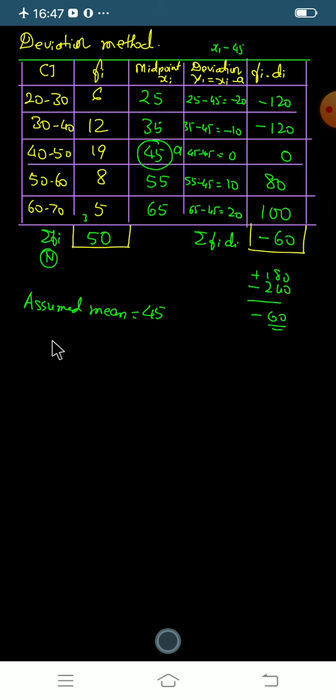And then n is summation Fi, that is 50. And finally we have got summation Fi di, that is equal to minus 60. So we have to make use of all these things for finding the mean.